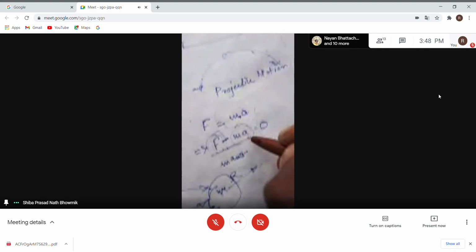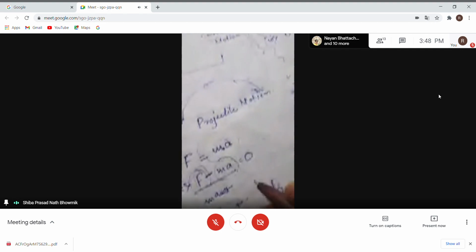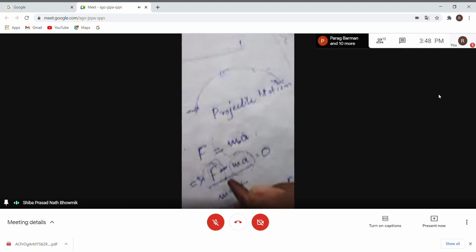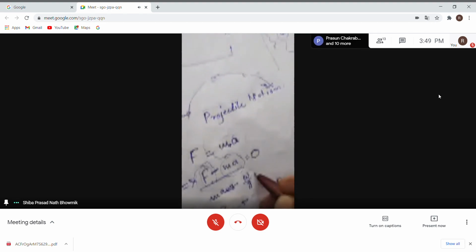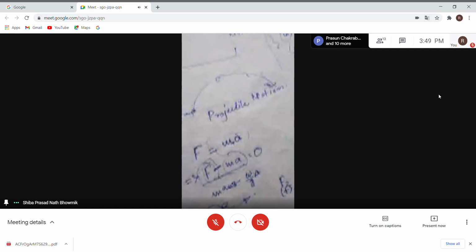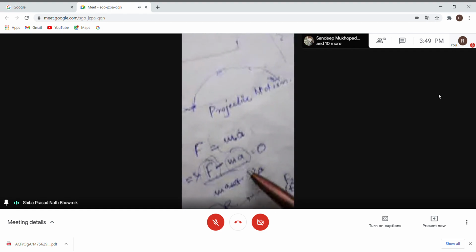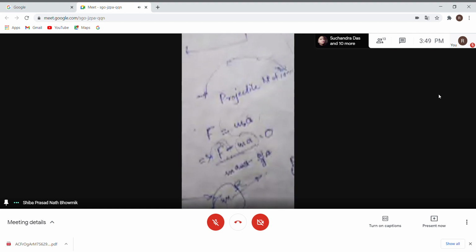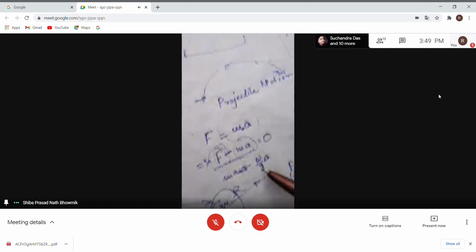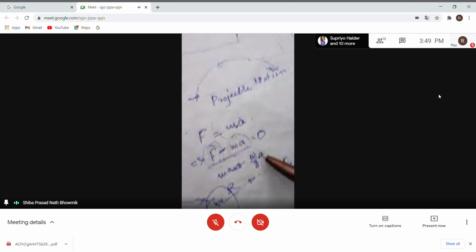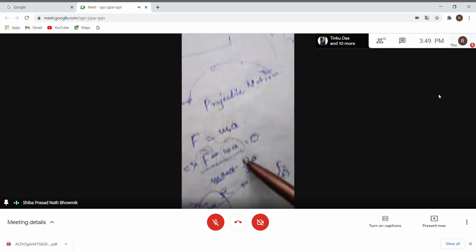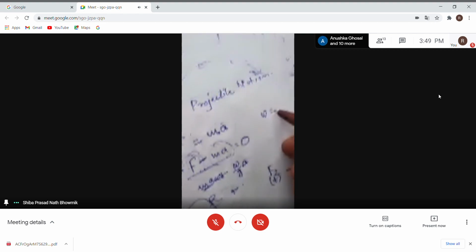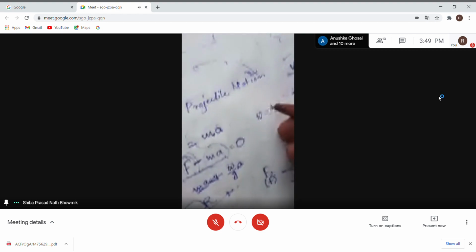And this MA can be defined in another form, which is used to show inertia force, that is W by G into A. W is the weight of the object, এটার weight, G is the gravity, and this A is the acceleration with which the object is moving. W by G into A is nothing but MA. দেখে নাও, because W is what? W is mg.